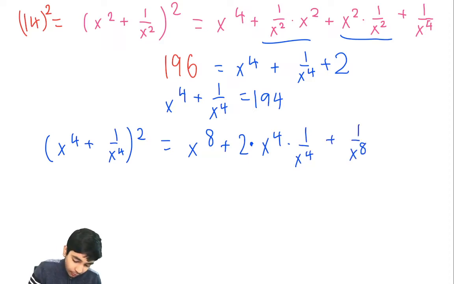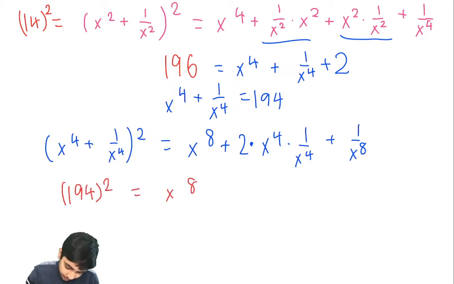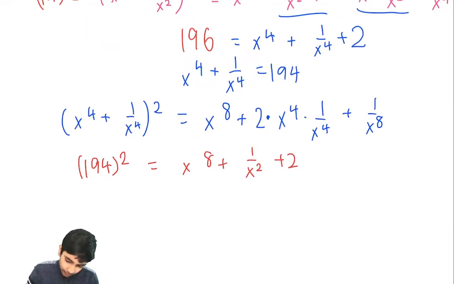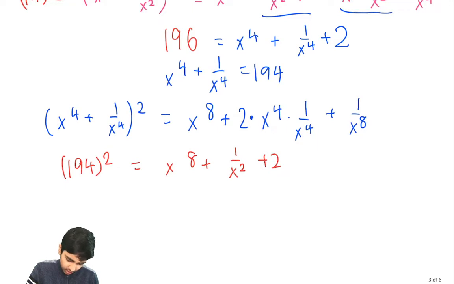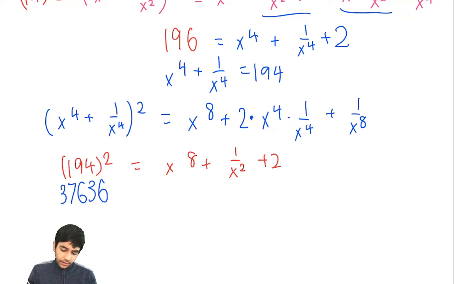And x to the 4th plus 1 over x to the 4th is 194, so 194 squared is equal to x to the 8th plus 1 over x to the 8th plus 2. And 194 squared is 37636, I think. Okay, so 194 squared should be 37636.